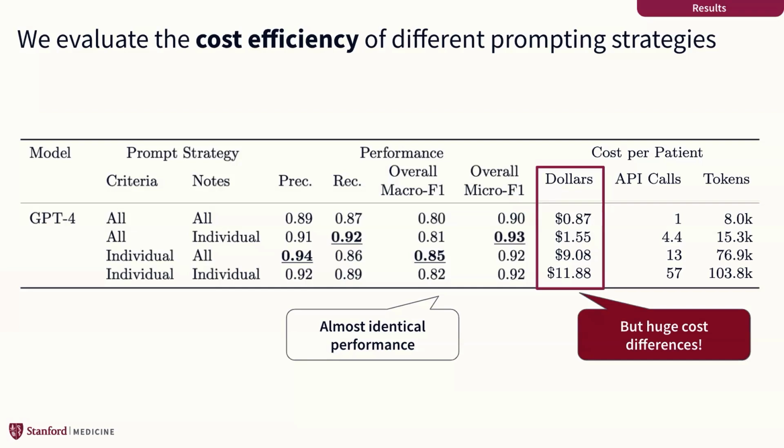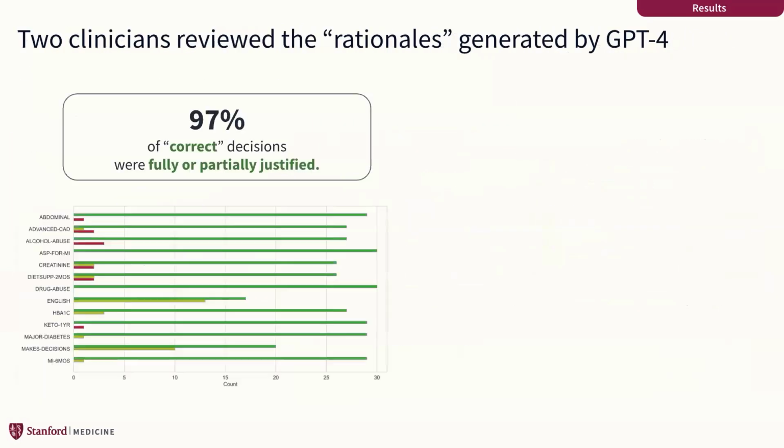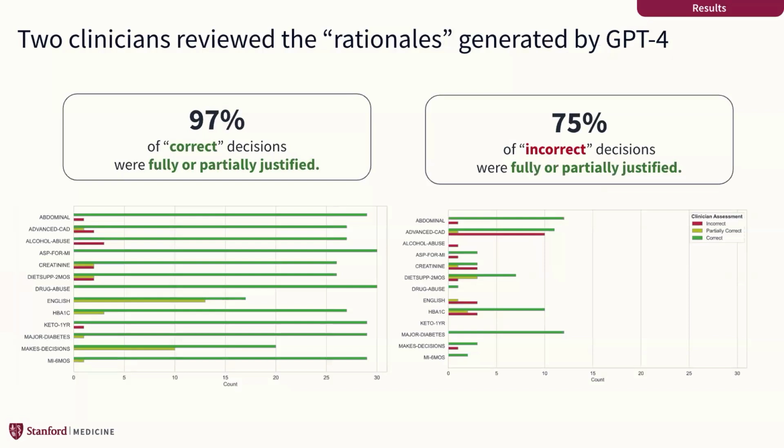So you had the 13 criteria, right? I'm curious which ones were hardest, and were those any different than the ones that previous systems had struggled with? Yeah, that is a really good question. I'd have to re-reference the paper for the confusion matrix, but I think what we talked about earlier, this advanced CAD, the model really struggles with what "advanced" means.